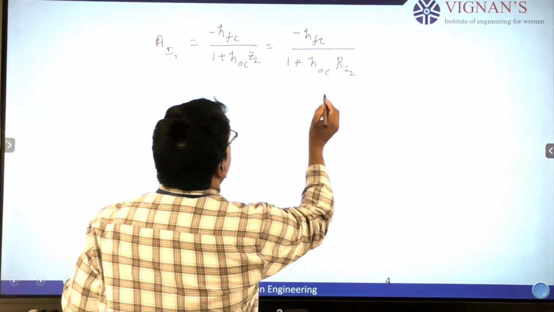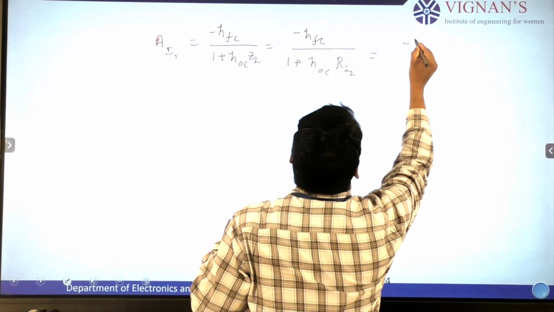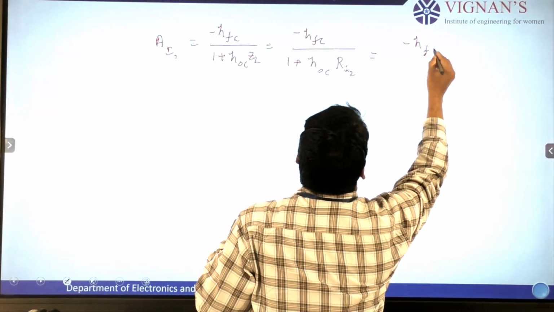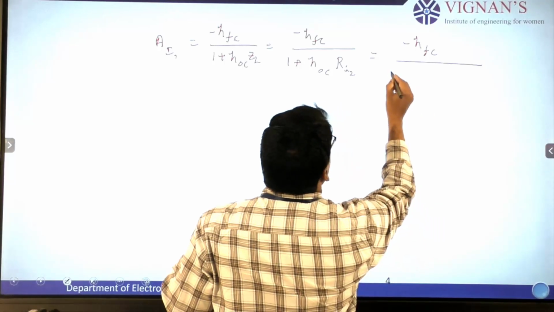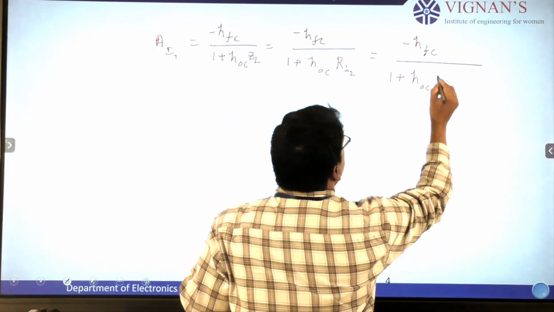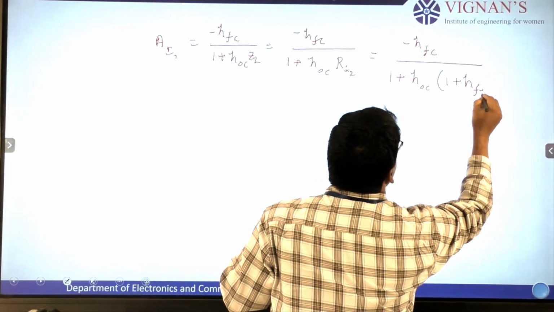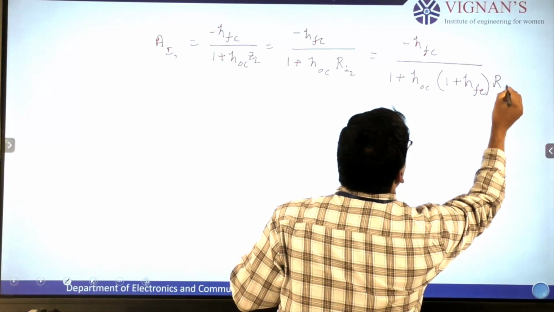By substituting Ri2 here, that is minus hfc by 1 plus h0c, where Ri2 equals 1 plus hfe of Re.